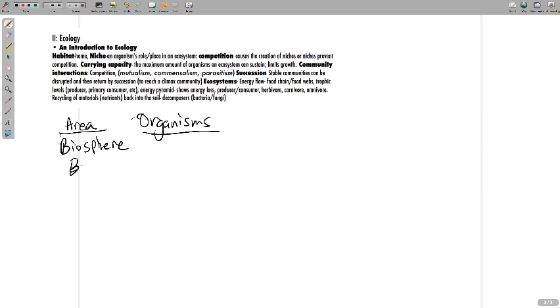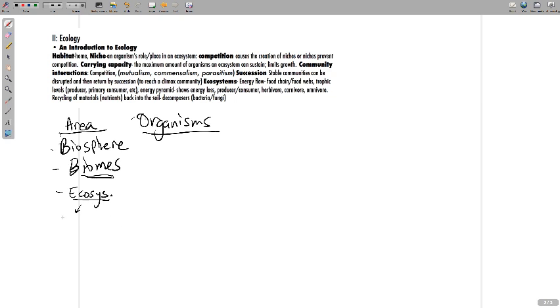And that's broken up into biomes, which are places on Earth that are separated by climate and precipitation. Whoa, did you hear that? So like tropical rainforests, aquatic biomes. And then biomes are broken up into ecosystems, which are areas that have all kinds of non-living and living things in there.